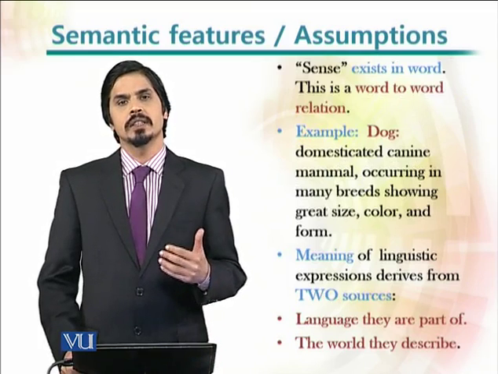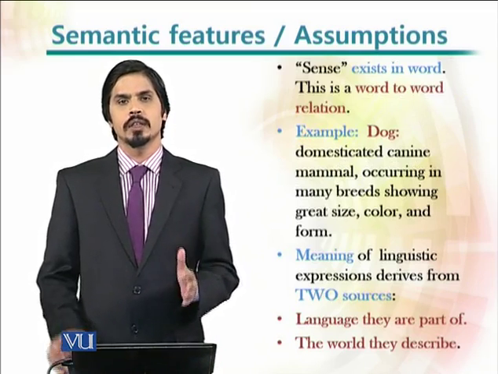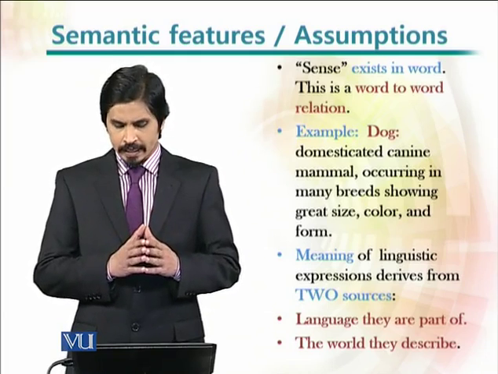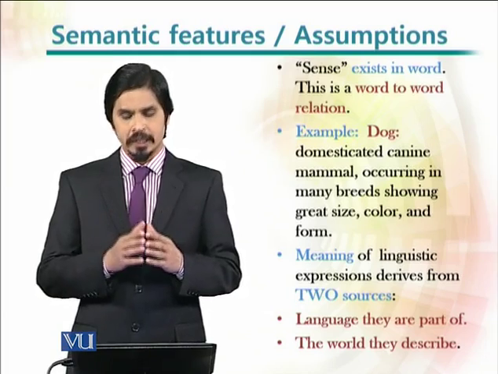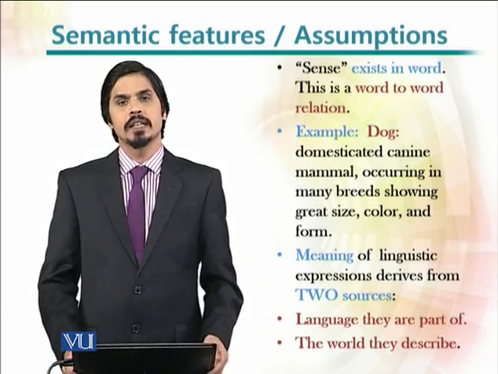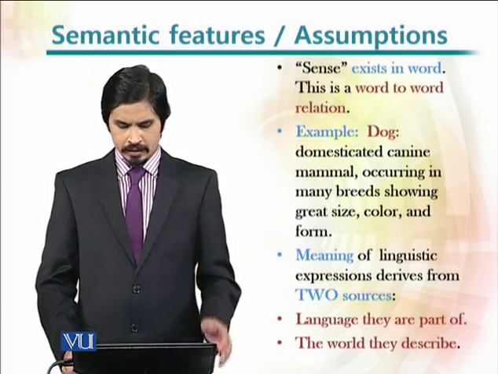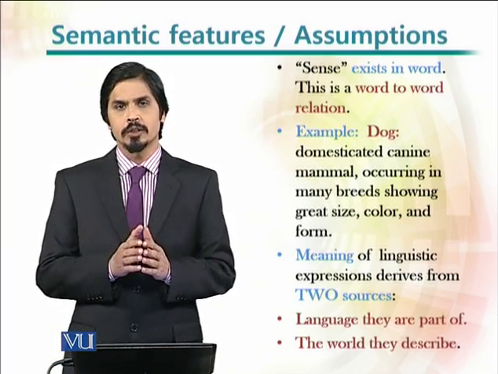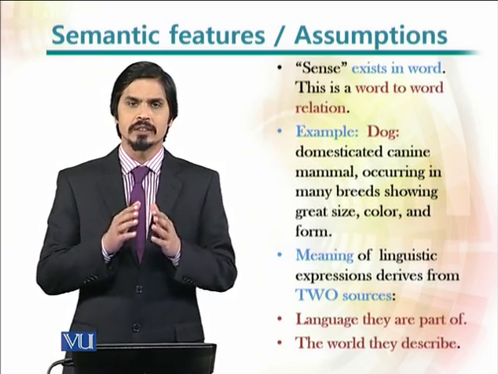We could see the example of the word dog. Dog is a mammal, a domesticated mammal. It occurs in various breeds and has some size, color, and form. So we could describe all these features in order to convey the sense or various senses of the word dog.